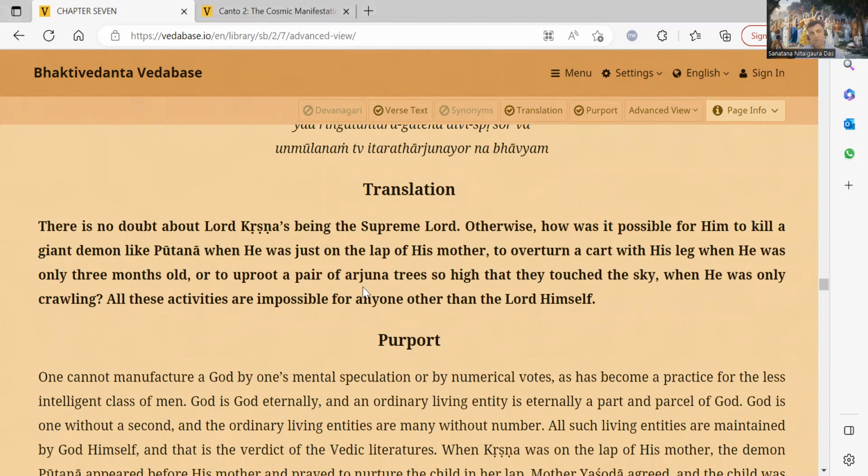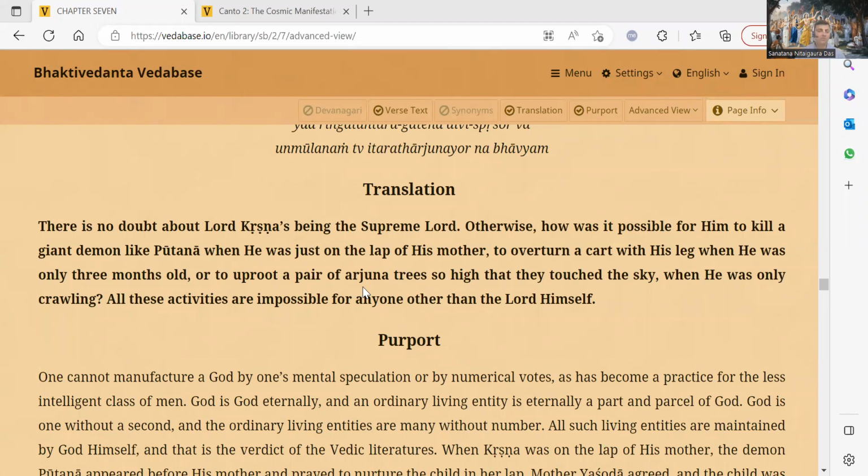So the third one, obviously, we know what pastime it is. It's mentioned twice. In this case, we'll talk about the Manikriva and Nalakuvara pastime, when the Lord is tied by Mother Yashoda in the Damodar Leela.